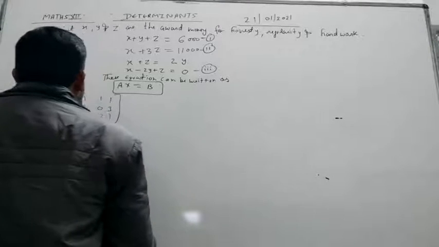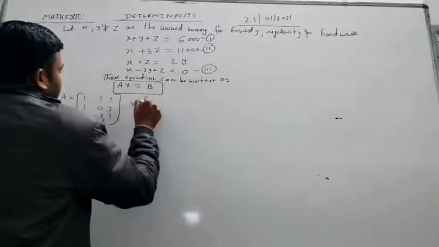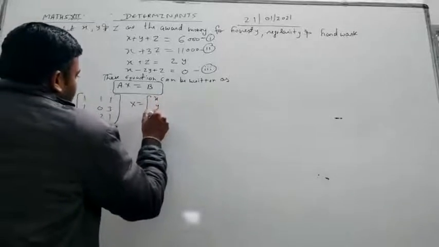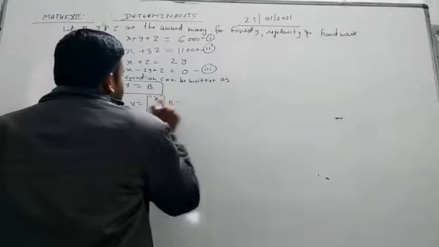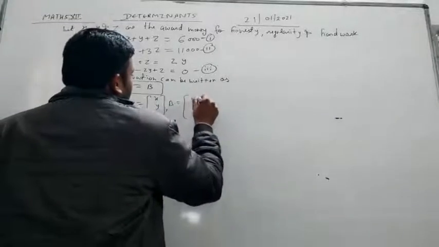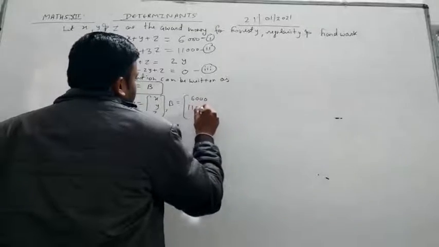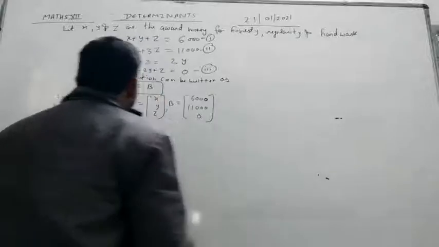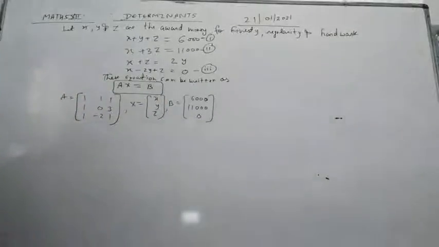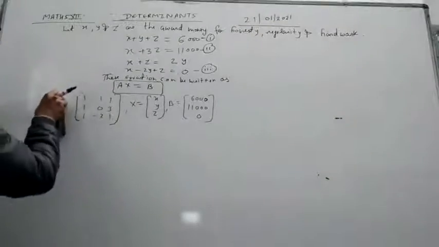So A is this and X is X, Y, Z, and B is 6,000, 11,000 and 0.